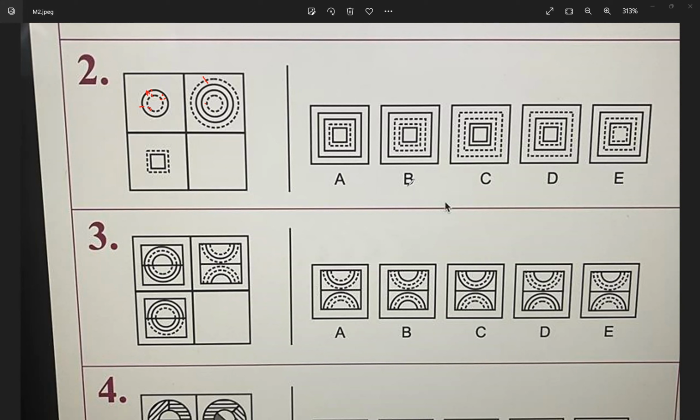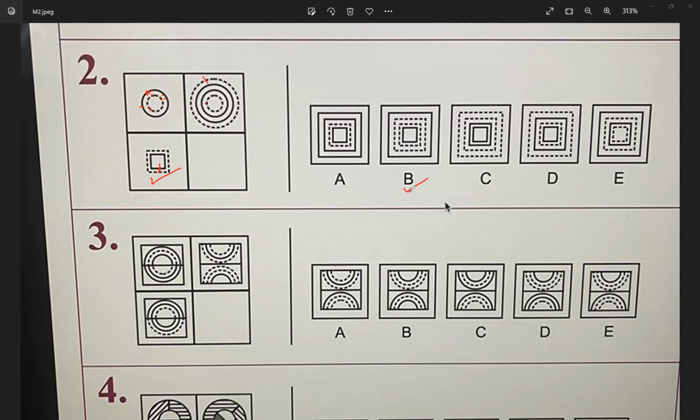I'm not saying that answer is wrong. Yes, answer B is the right one. But instead of looking at each and every option, we could have looked for a shape which has solid in the center, solid at the end, and two dashed squares in the middle.